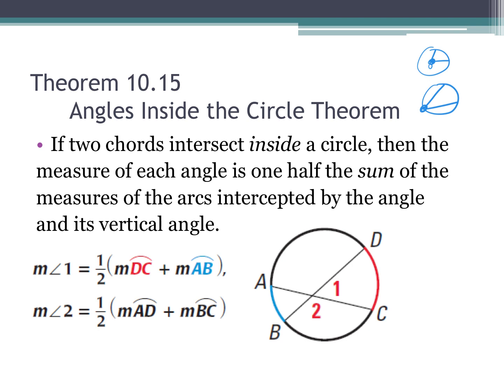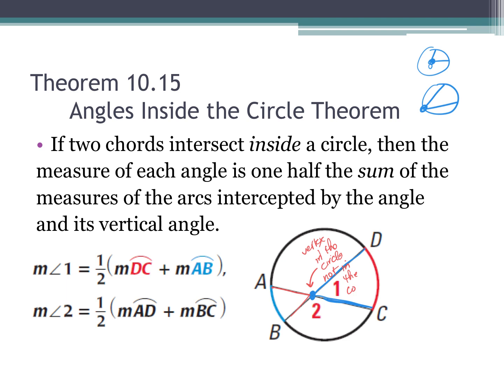Now, what happens when you have two chords that intersect inside? Notice that the vertex of the angles, like angle 1, here's the vertex, and angle 2 has the same vertex. And notice that the vertex is in the circle, but not in the center.